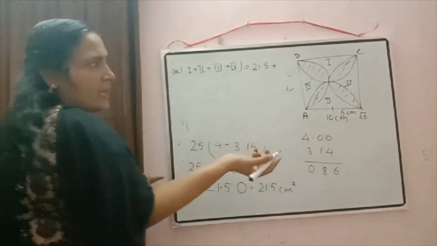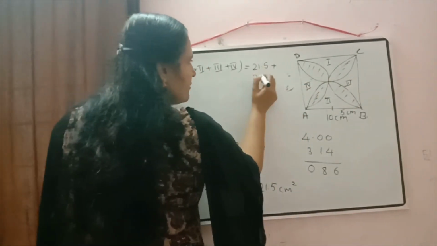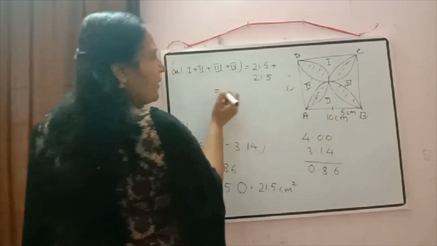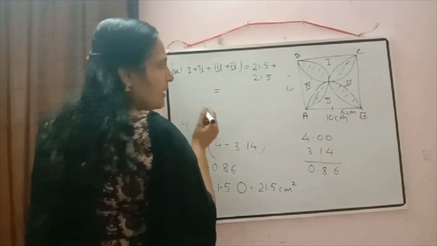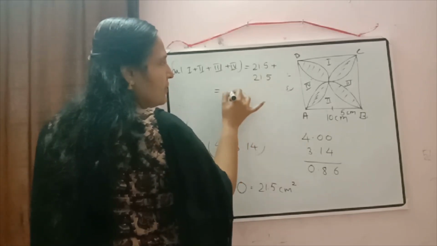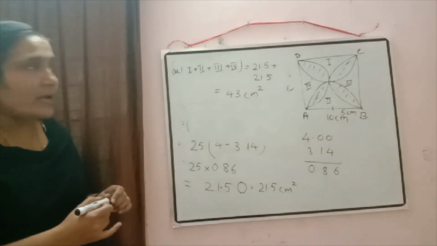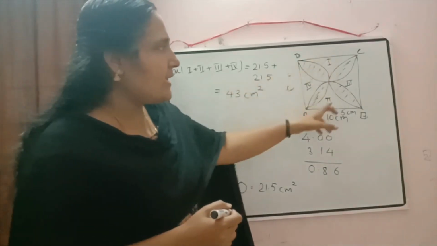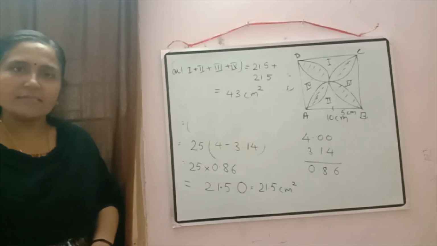So similarly area of third and fourth also will be the same, so that also will come 21.5. Now you can add these two. That will be equal to 43 centimeter square. So area of unshaded region is equal to 43 centimeter square.